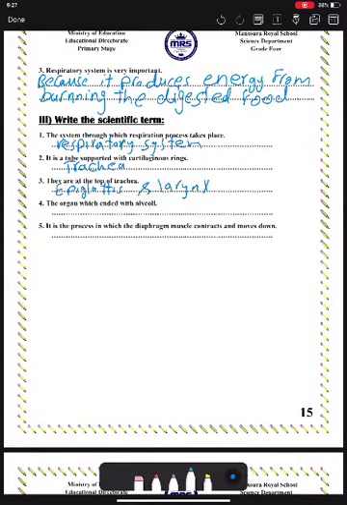The organ which ended with alveoli, bronchi, or trachea? Between two, bronchi. It's the process in which the diaphragm muscle contracts and moves down, inhalation process.